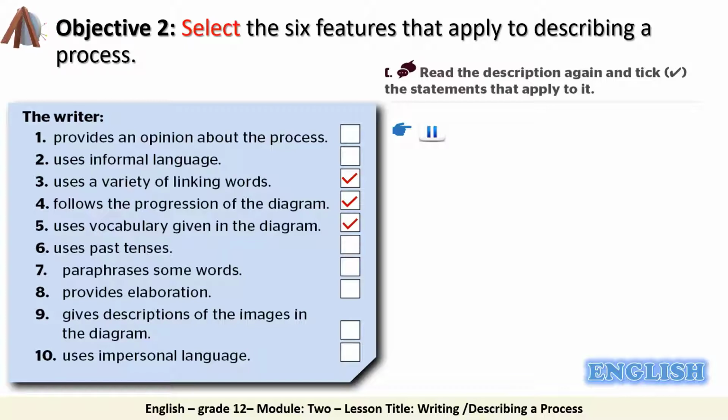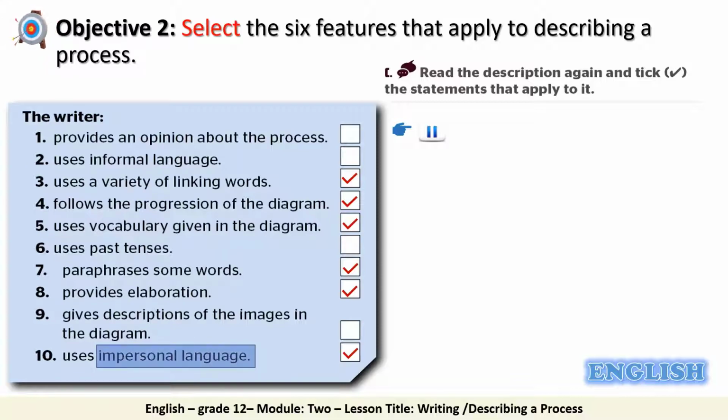Next, the writer uses vocabulary given in the diagram, and we have seen this also in the first objective. The fourth feature is that the writer paraphrases some words and provides elaboration. And the last feature is that he uses impersonal language.